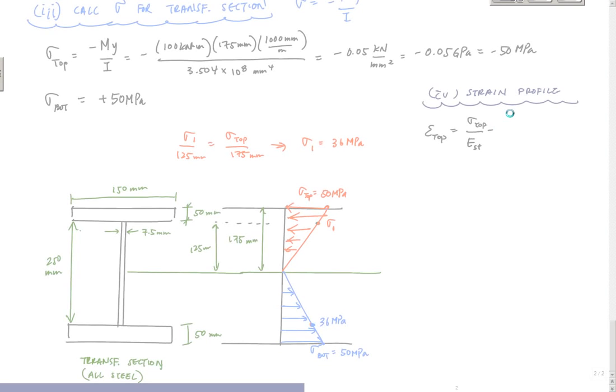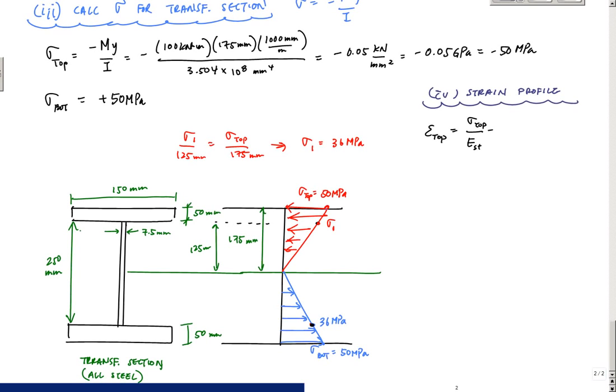So that would be epsilon top, which is equal to negative 50 MPa divided by 200 GPa, which is 0.05 GPa divided by 200 GPa.